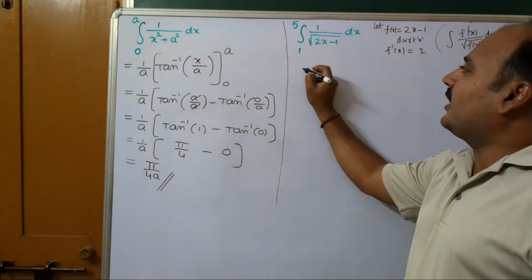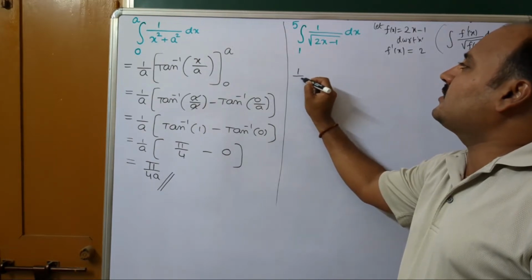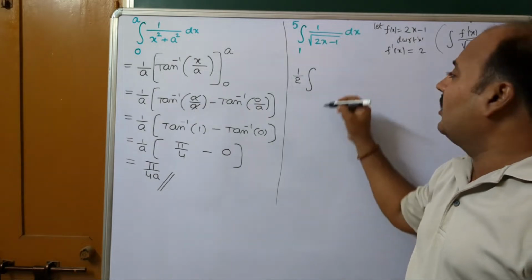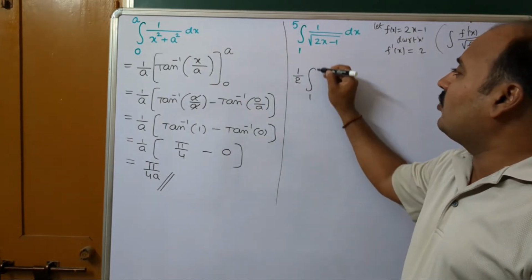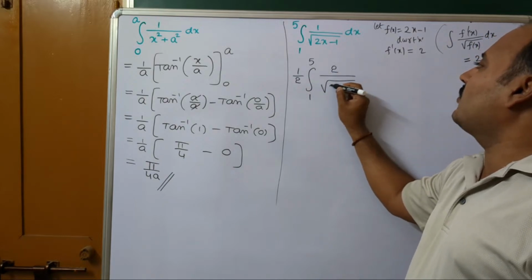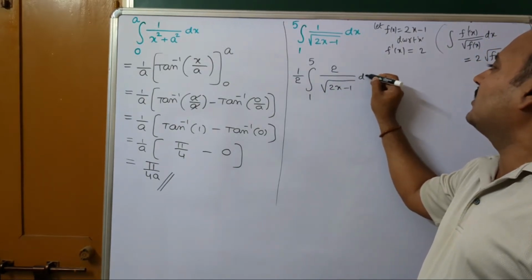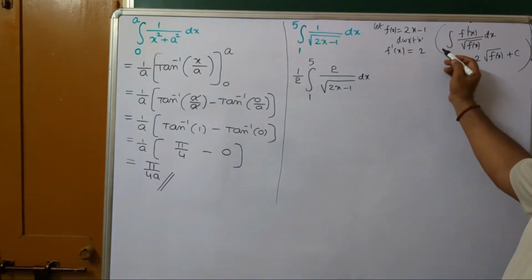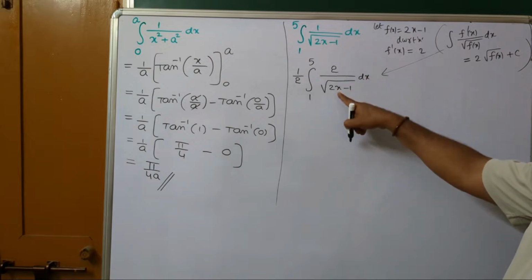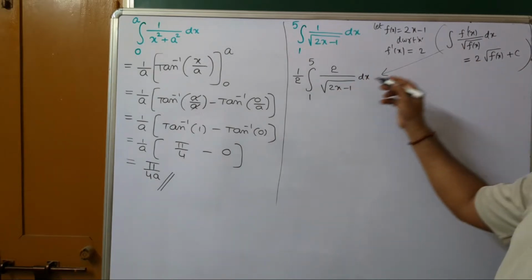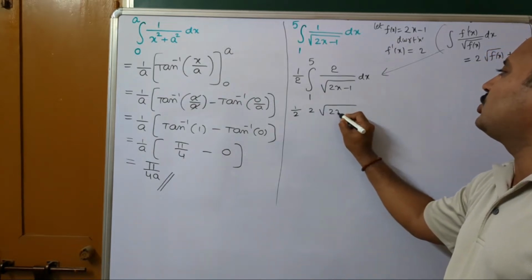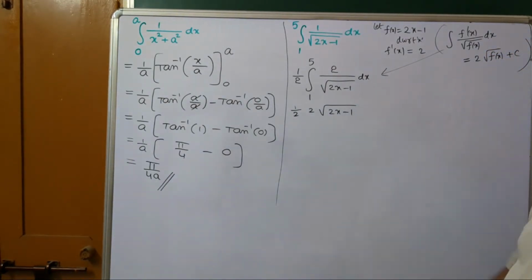So the given integral we can write by multiplying and dividing by 2. So 1 by 2, integral 1 to 5, 2 divided by square root of 2x minus 1 into dx. Now it is converting into the form f dash of x by root f of x into dx. So 1 by 2 into 2 root f of x, that means root of 2x minus 1.